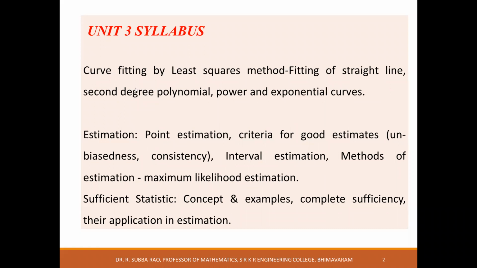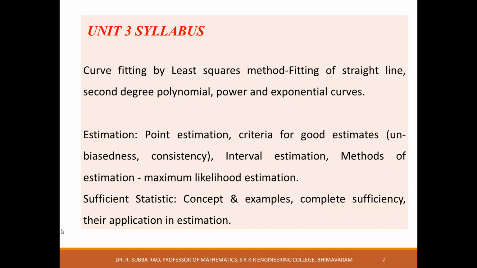See, the concept of estimation comes under statistical inference. What is statistical inference? What are its different parts? For any decision making, we are supposed to estimate and then go for the testing of hypothesis.